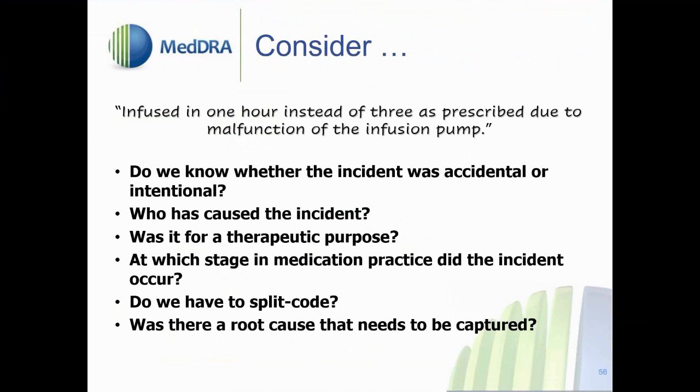So this is what we can answer the question whether the incident occurred intentionally or accidentally. We know the cause for the deviation from the prescription, and we also know whether the incident occurred in the context of the therapeutic use of the product and at which stage in the medication use process.